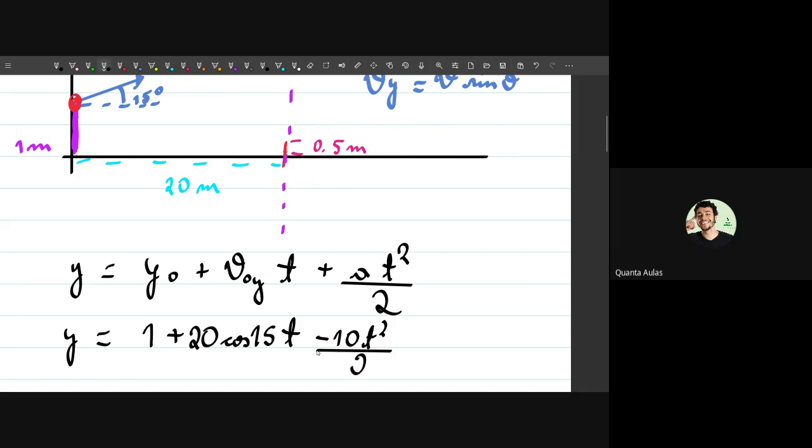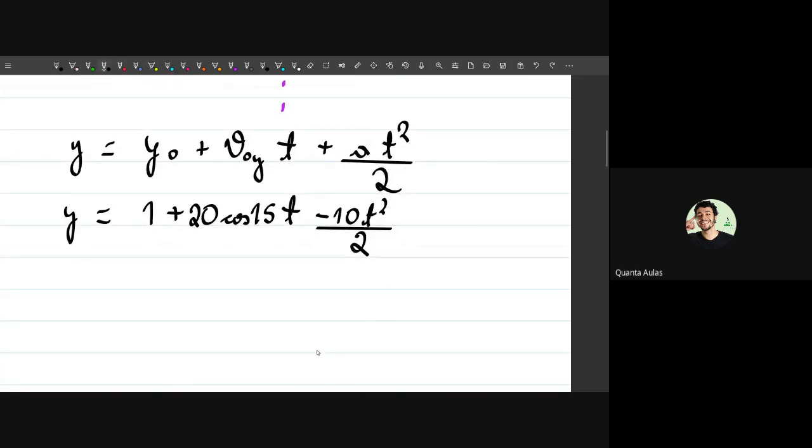But to verify the height, I need to know y, so I need to know t to put in this equation and get y. I don't know how much cosine of 15 is, but I will put this in a calculator.